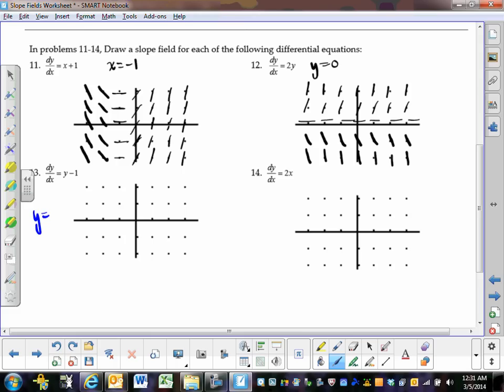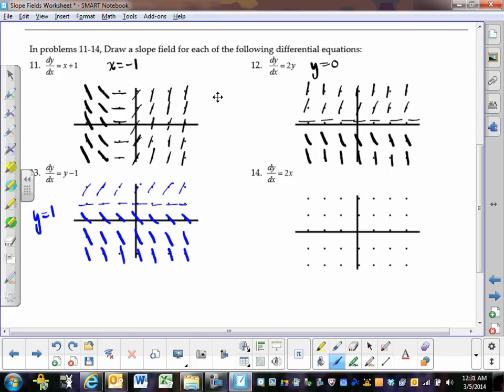So if y equals 1, I'll have a 0 slope. If y equals 2, I would have a slope of 1. If y equals 0, I would have a slope of negative 1. And then negative 2. And then negative 3. So again, just doing steepness other than the zeros and ones, making sure I have the right positive or negative each time.